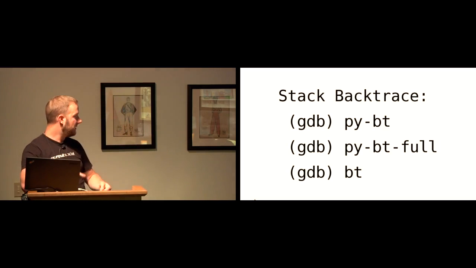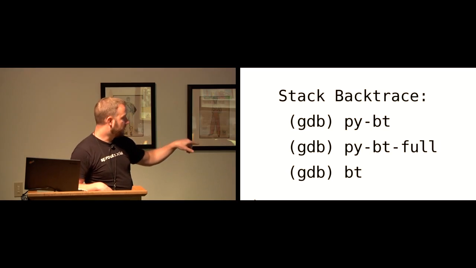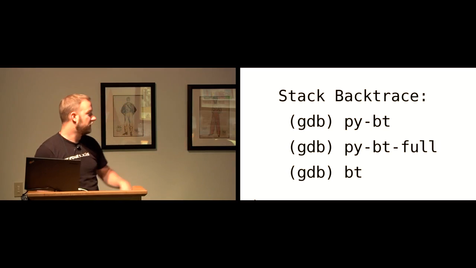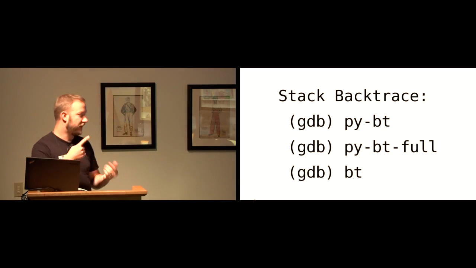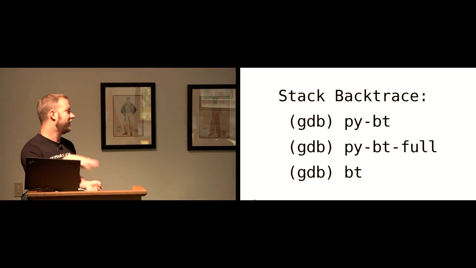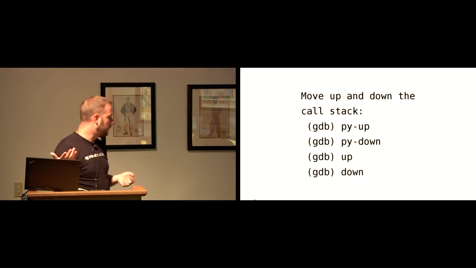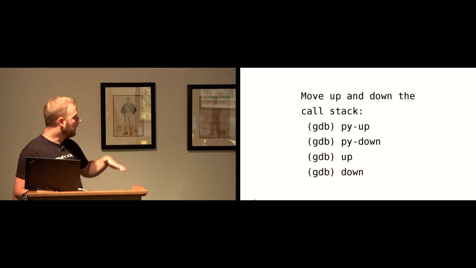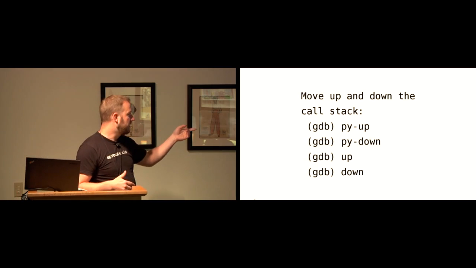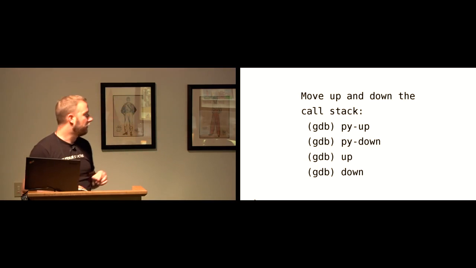And if you want to go to the C level for whatever reason, you can also use bt, which is just the standard GDB backtrace. But of course, it's going to give you the backtrace at the C level, not at your Python code level. And that's a pattern that you're going to see all over the place. Same idea here: if you want to walk up and down the call stack, py-up, py-down, the C analogs being up and down.